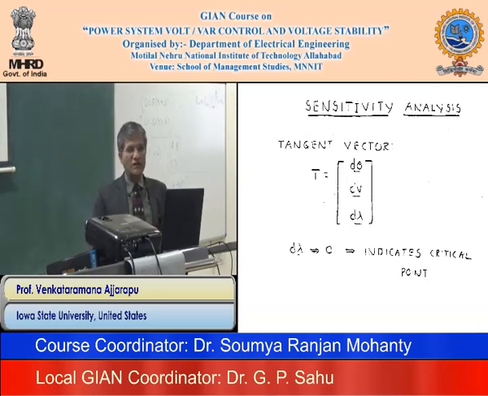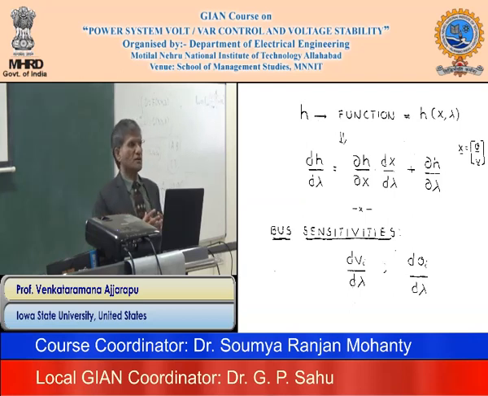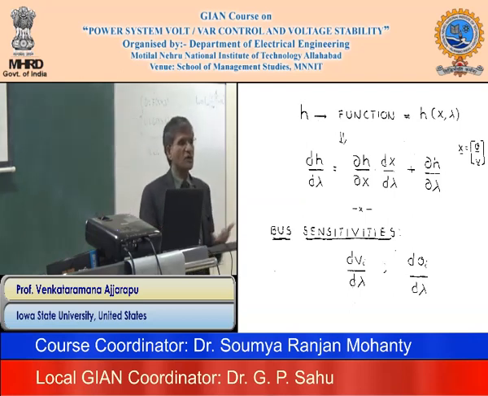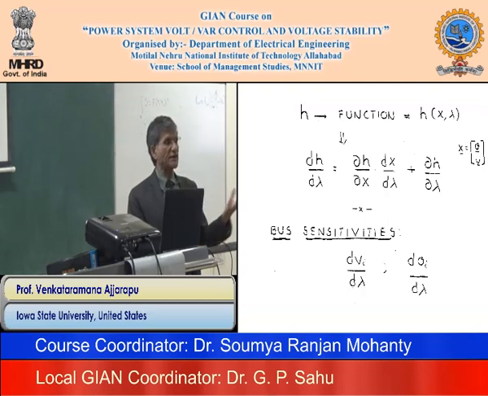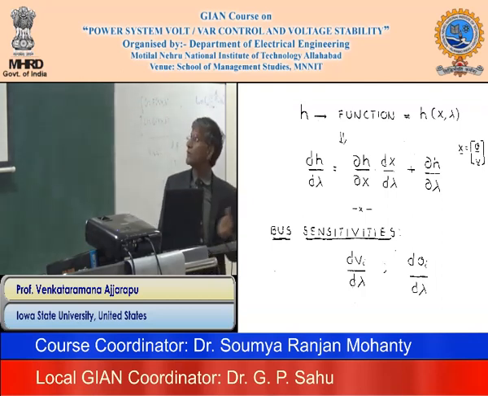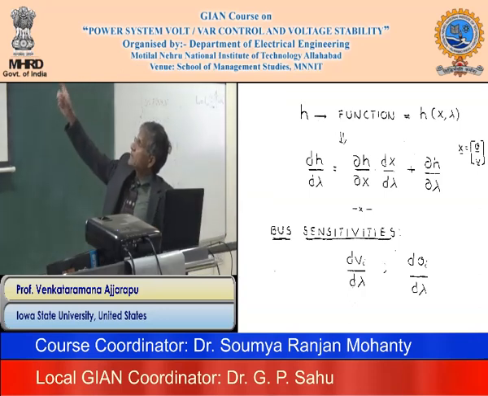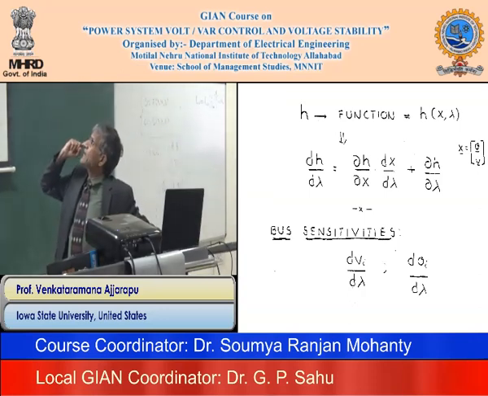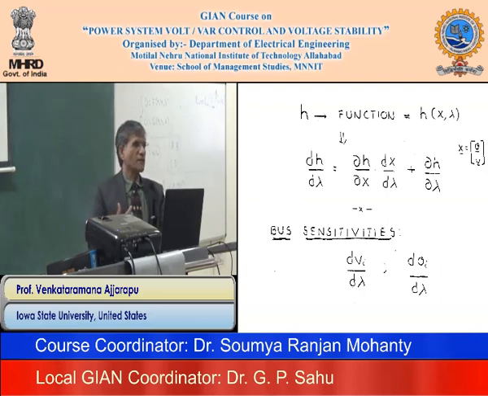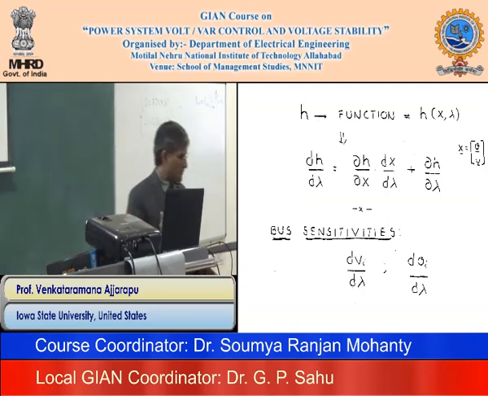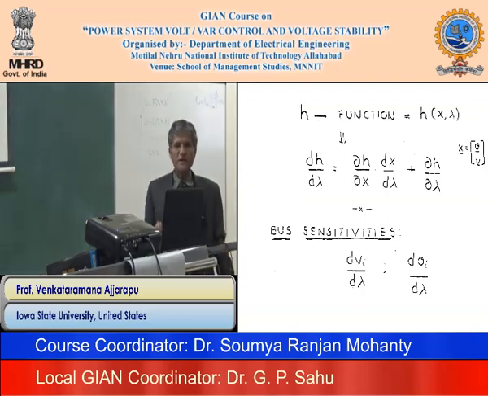if I take any function you want, h(x, lambda), like loss in the system, for example, or generated reactive powers, and so on. I wanted to know that function, how that is changing with respect to lambda, right? Because if I am changing lambda, that is the parameter.